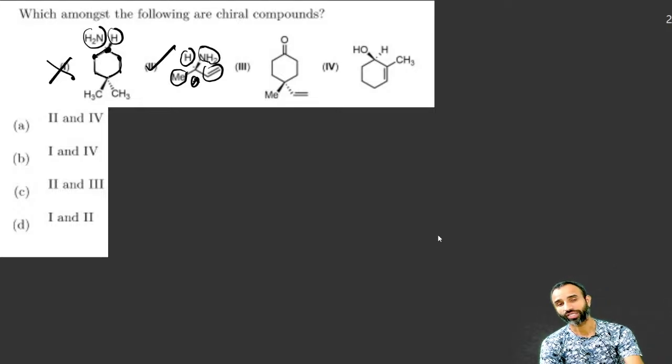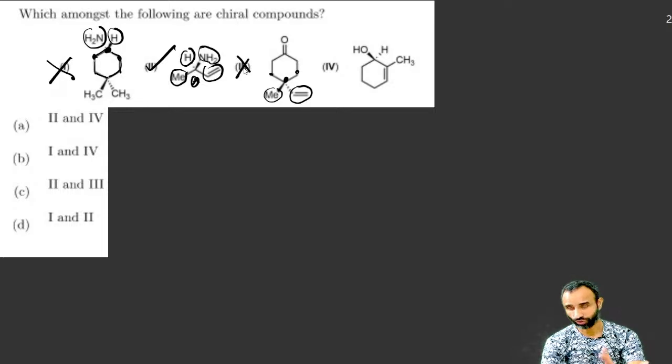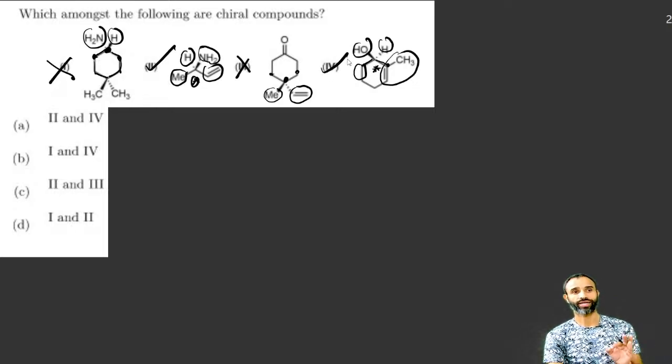All the groups attached are different. Here, this carbon is attached to methyl, vinyl, but these are same. Obviously, fourth should be OH, H. Positions are different because here it is methyl, this group is different, so that means this is again chiral. So second and fourth is the right one. Okay, only A option is there.